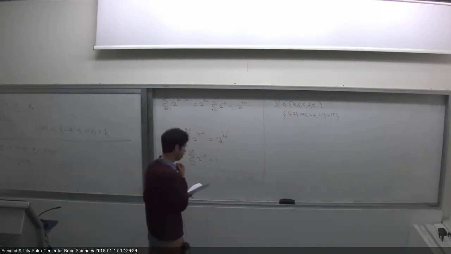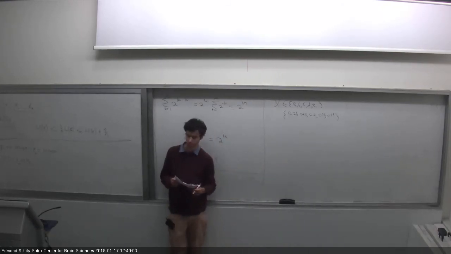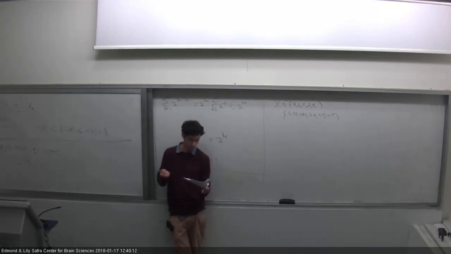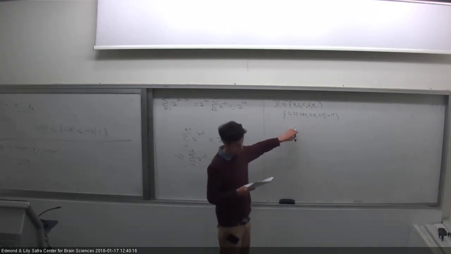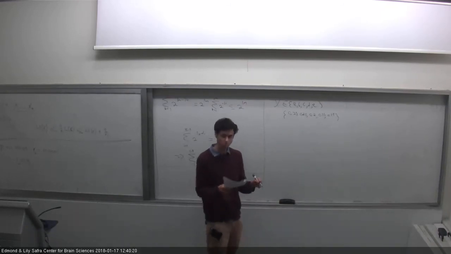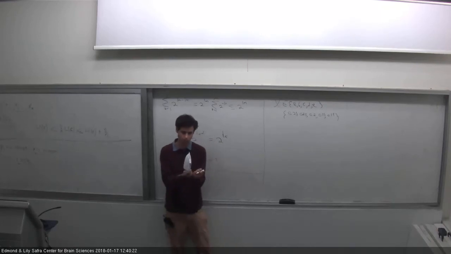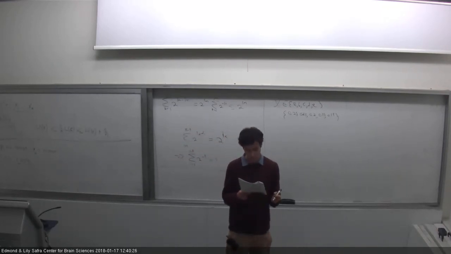And now let's construct the Huffman code for this source. So what do we need to do? As I said, it's very simple. Just take the two smallest probabilities and merge them, and this will be your new node.